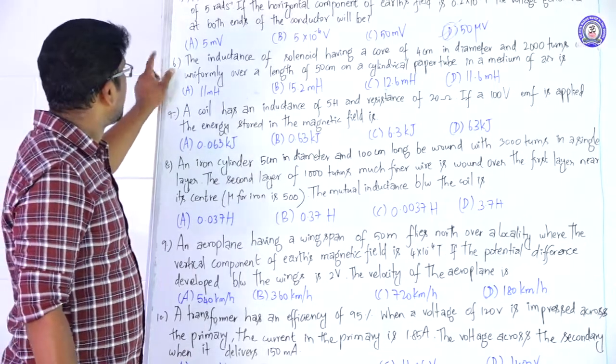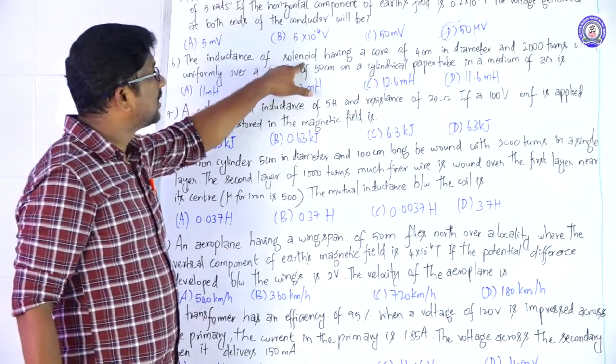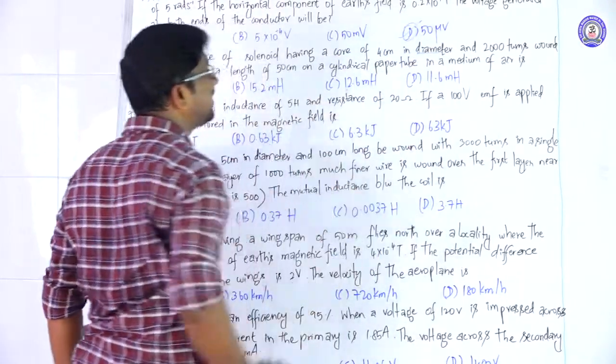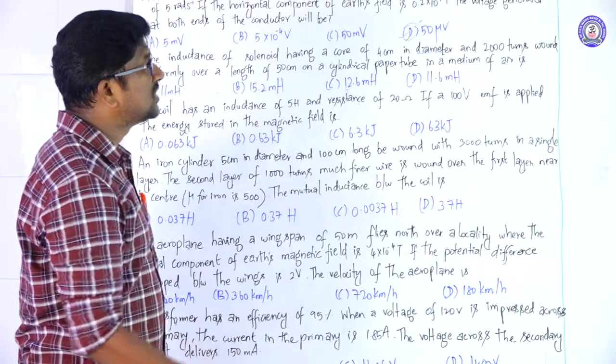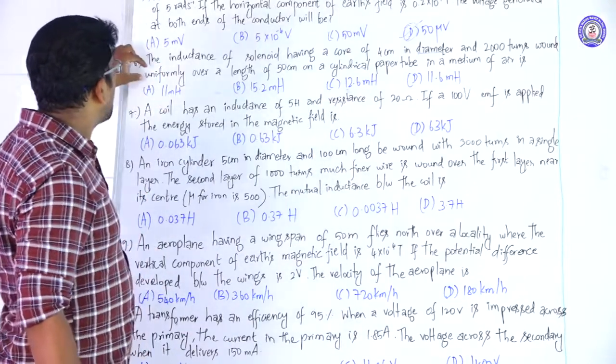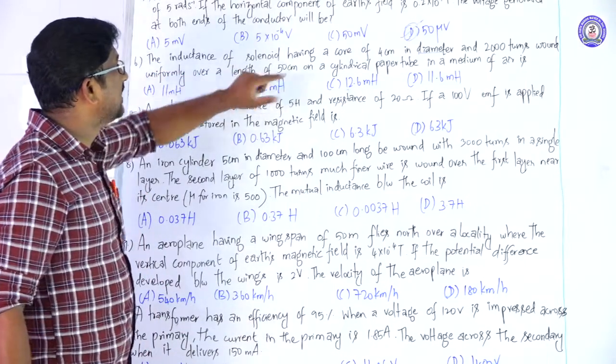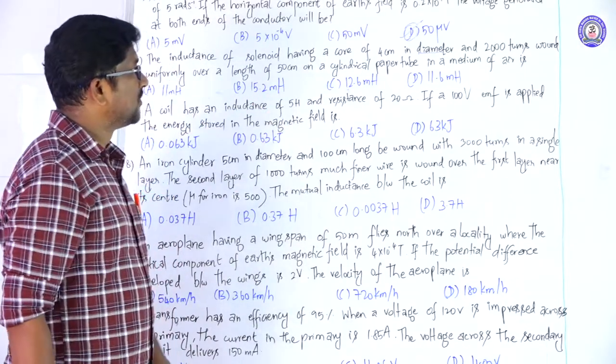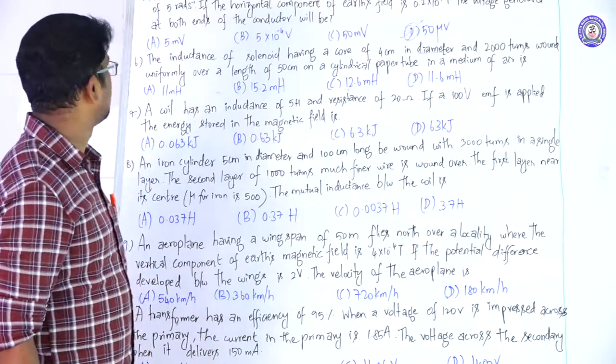Sixth one: the inductance of a solenoid having a core of 4 cm diameter and 2000 turns wound uniformly over a length of 50 cm on a cylindrical paper tube in a medium of air.